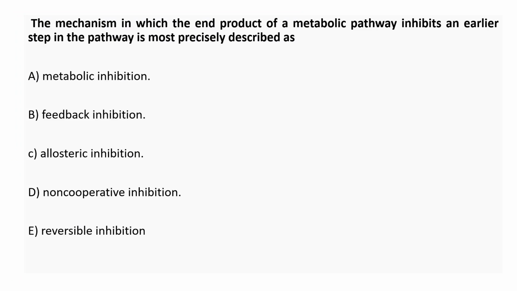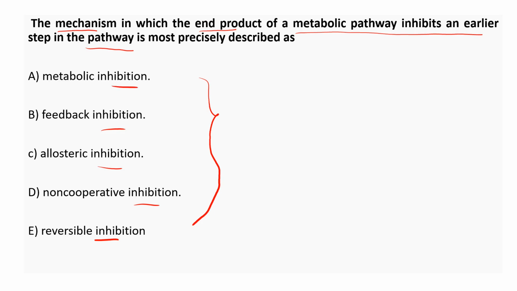So let's try to answer now this question. The question says: the mechanism in which the end product of a metabolic pathway inhibits an earlier step in the pathway is most precisely described as. Here, if you see, all the options said inhibition, inhibition, inhibition.